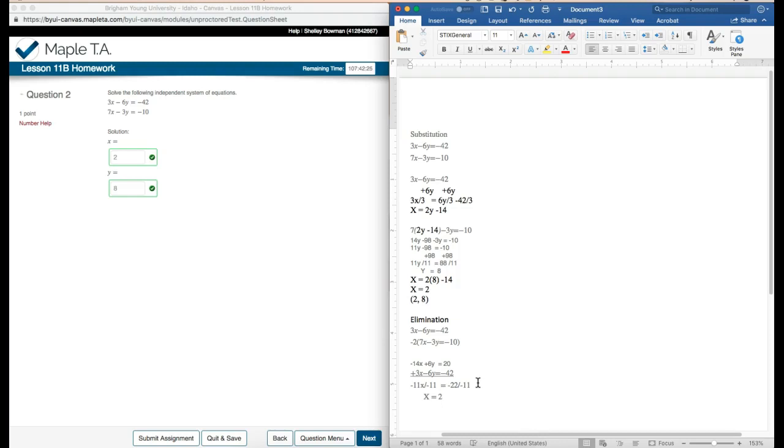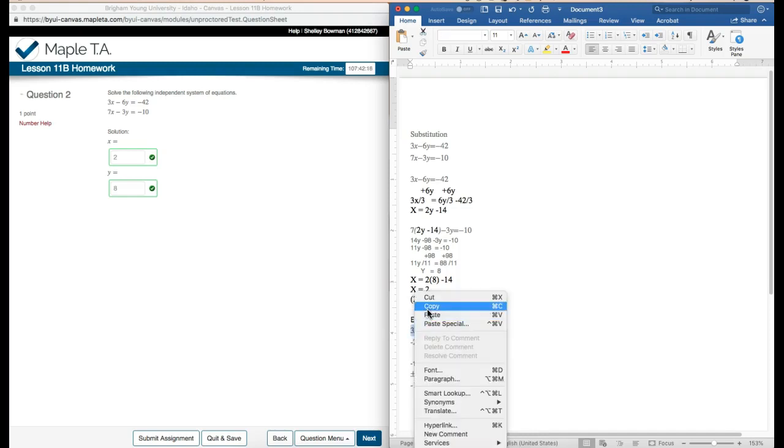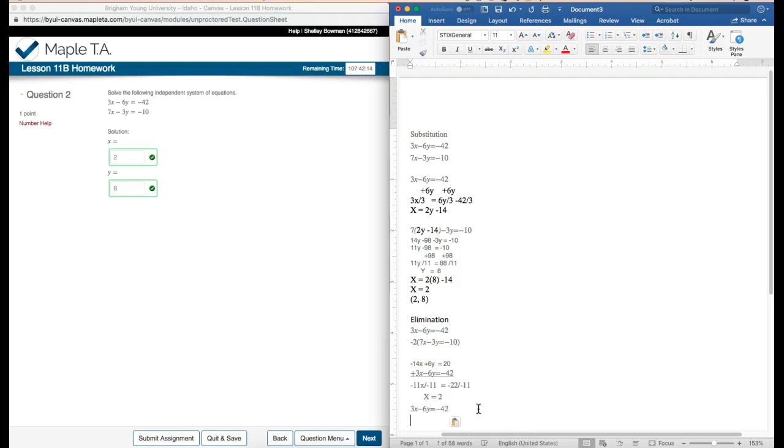And then I go back to any of the equations at the beginning and substitute x for 2 and solve for y. Because this one doesn't have anything with it, I'm just going to go ahead and use this one. And substitute here, again, making sure I get my parentheses in there, and I have 2.